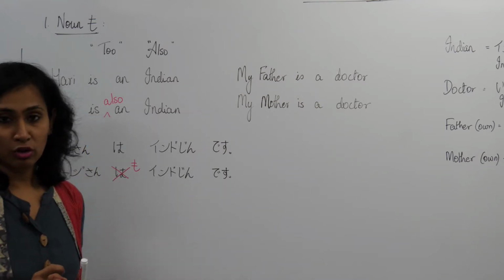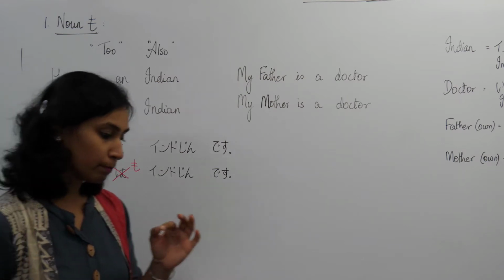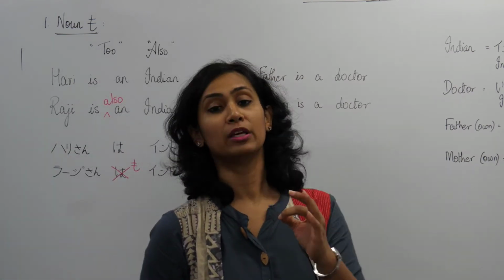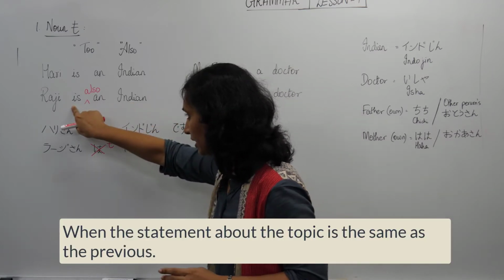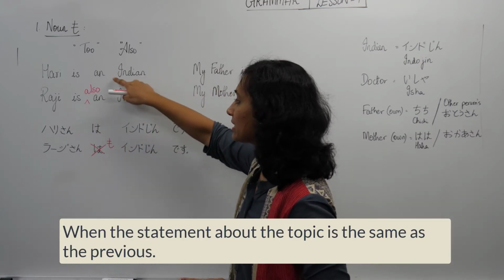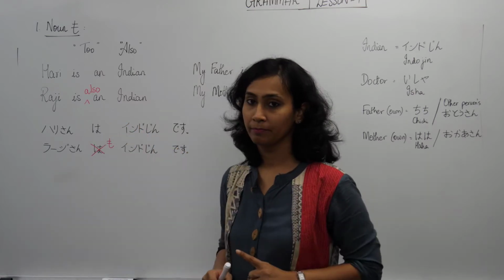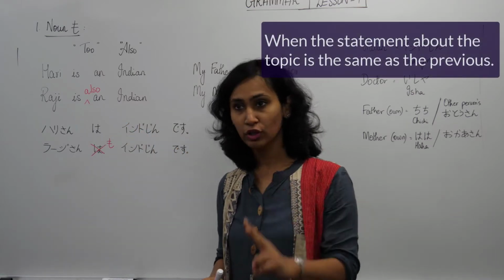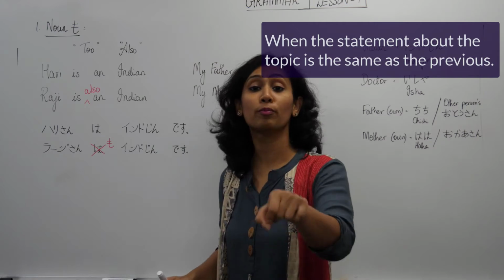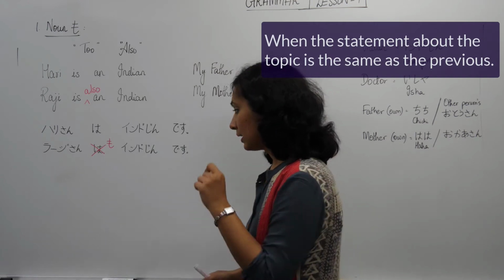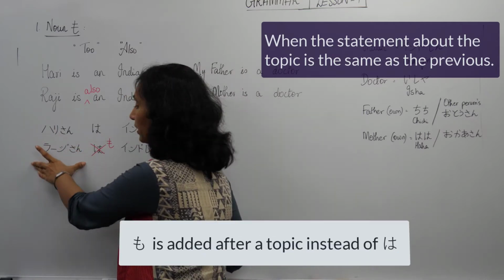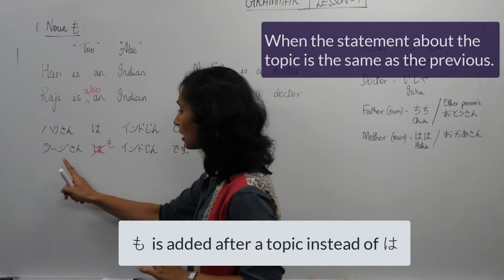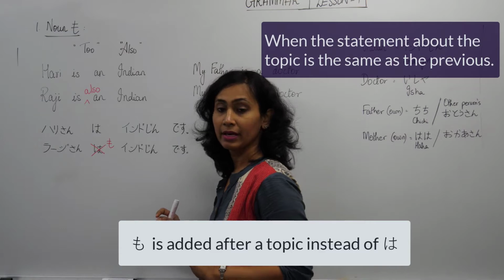First thing to be noted here about mo: when will mo be used? When the statement about the topic is the same as the previous. Point number one. Second, where should you put that particle? This particle comes for the topic, hence it has to come after the topic.